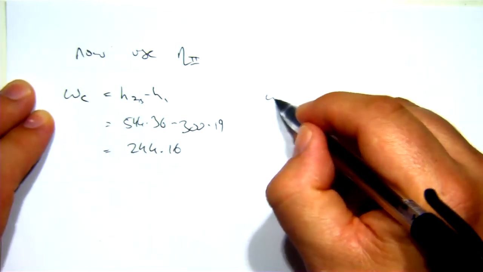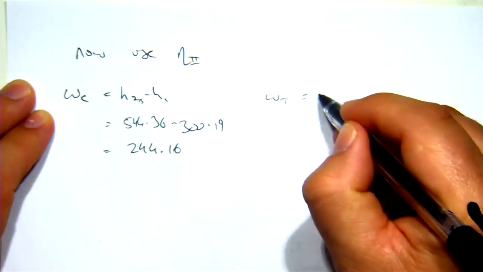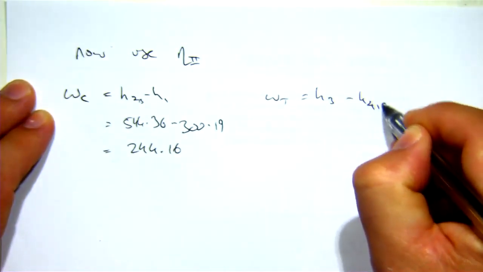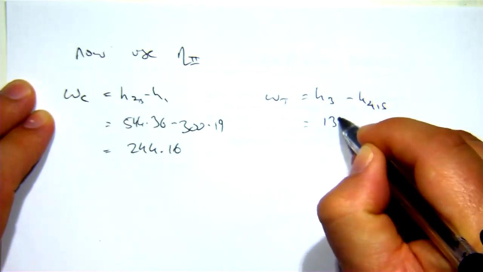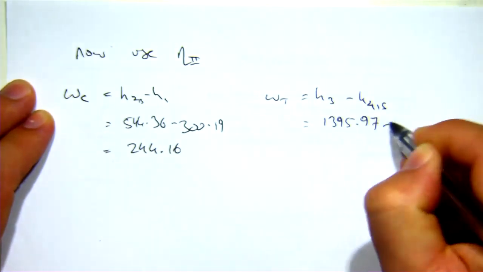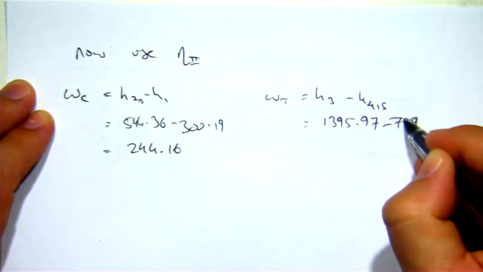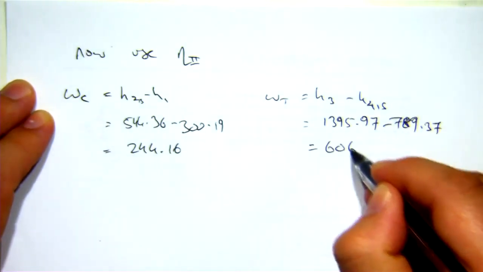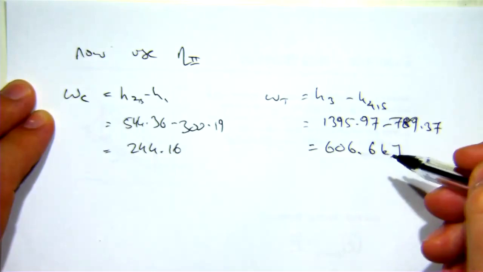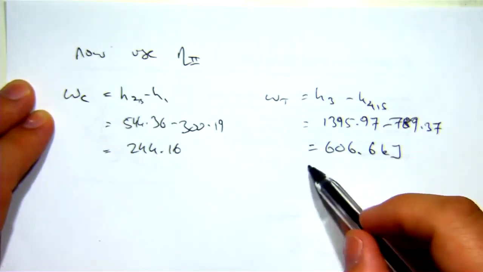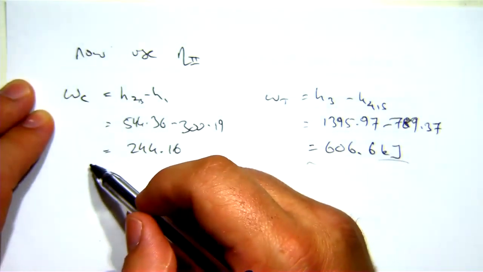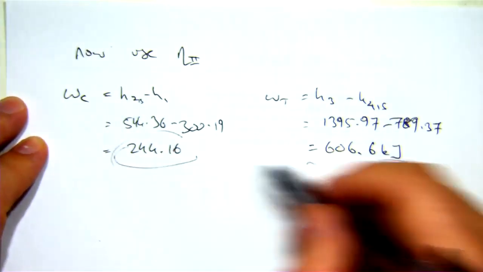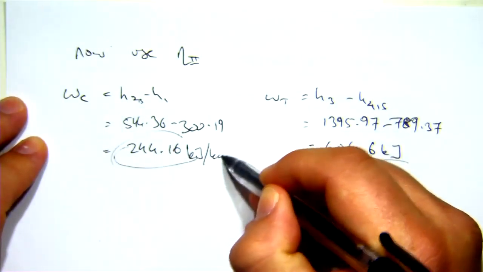And the turbine work, I have all the numbers I need, equals H3 minus H4S, equals 1395.97 minus 789.37, equals 606.6 kilojoules. So the turbine is doing more work than the compressor, which is where this back work ratio comes from. This is kilojoules per kilogram.